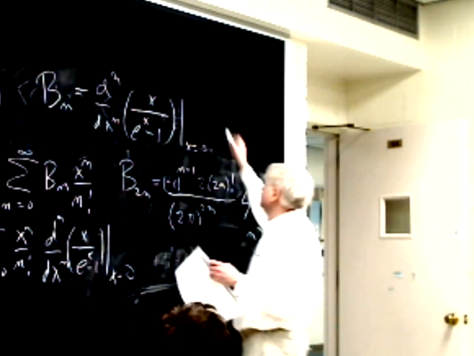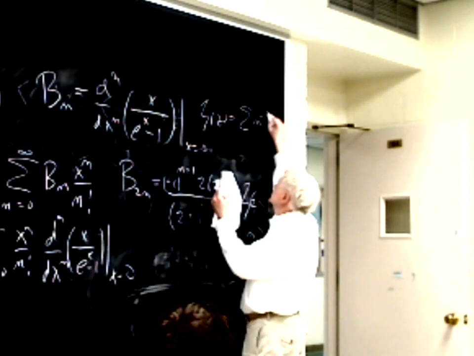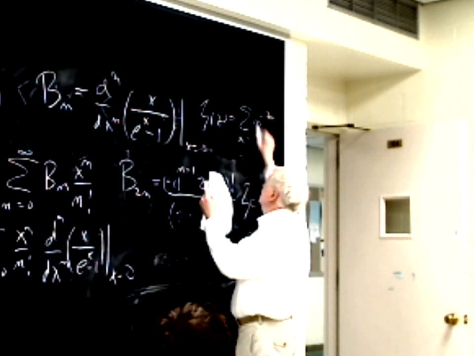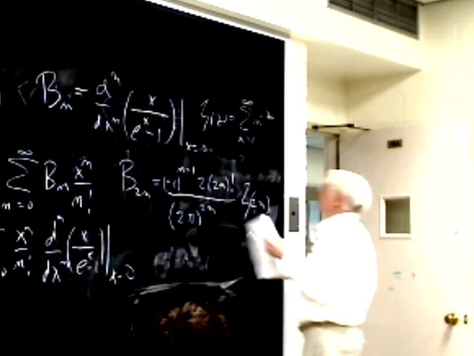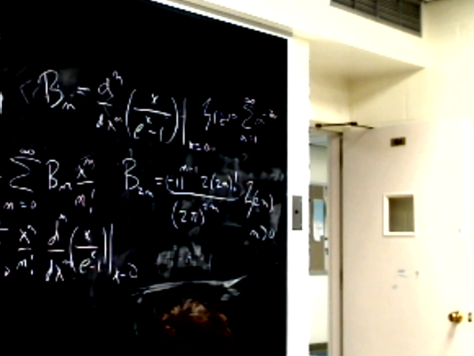Zeta of z is the sum of n to the minus z, sum from n equals 1 to infinity. As I said, for example, the Dirichlet series. Okay, so that's the Bernoulli numbers.